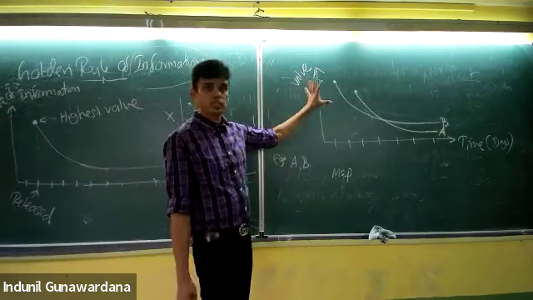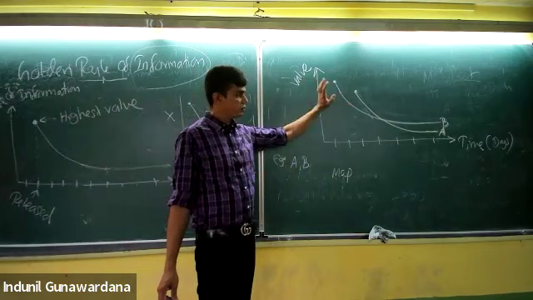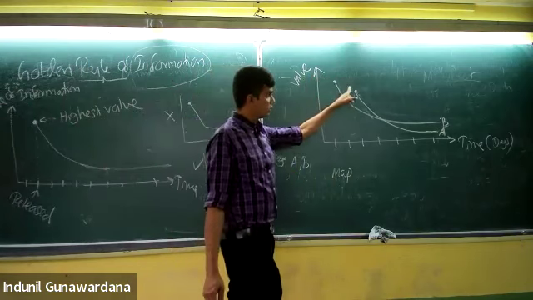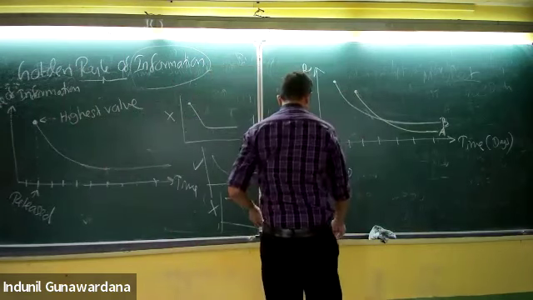Then I shall take this sketch quickly again. Draw that properly. Event A is here, event B is there.